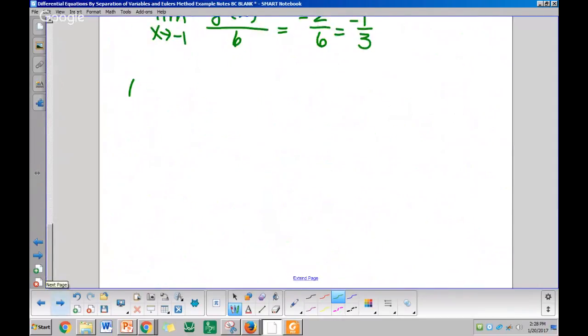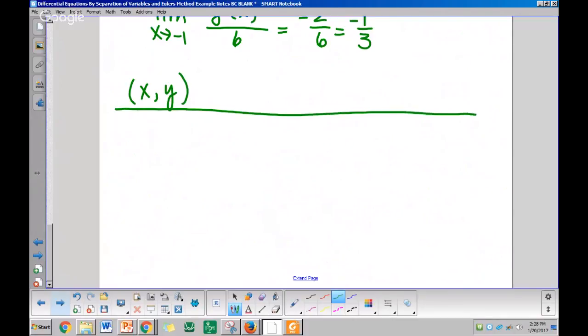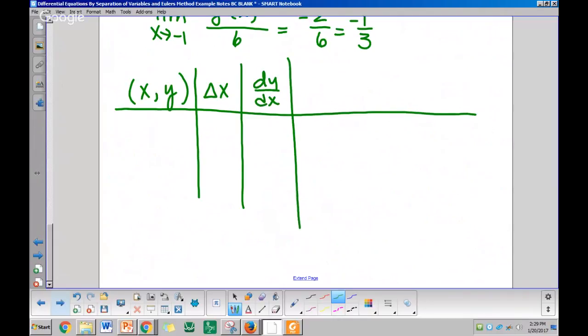Good. So we're going to do our chart, right? X, Y. The next one's going to be delta x. And then we're going to say the slope. And then we're going to estimate the change in y by the slope times delta x.